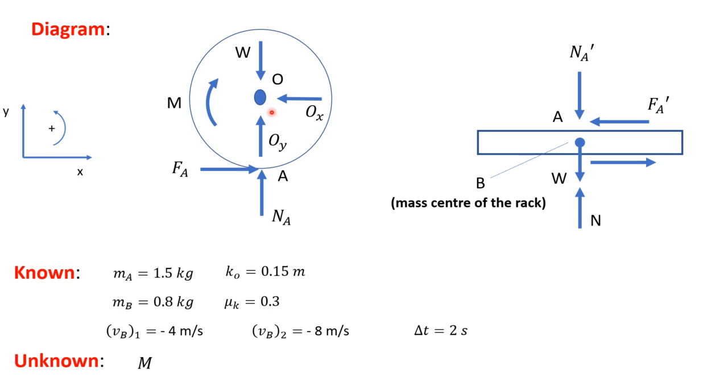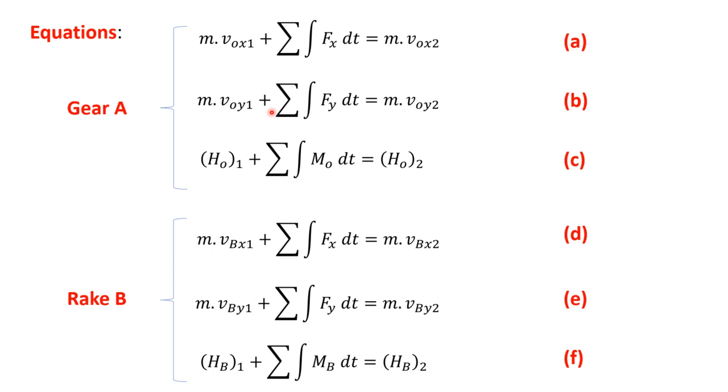The unknown is just the moment for the gear. So the set of equations we said for the gear is 3 equations, and for the rack it is 3 equations. But we're not going to use them all. First, we don't have any velocities in the case of the gear, not left, not right, and we don't have moving forces.